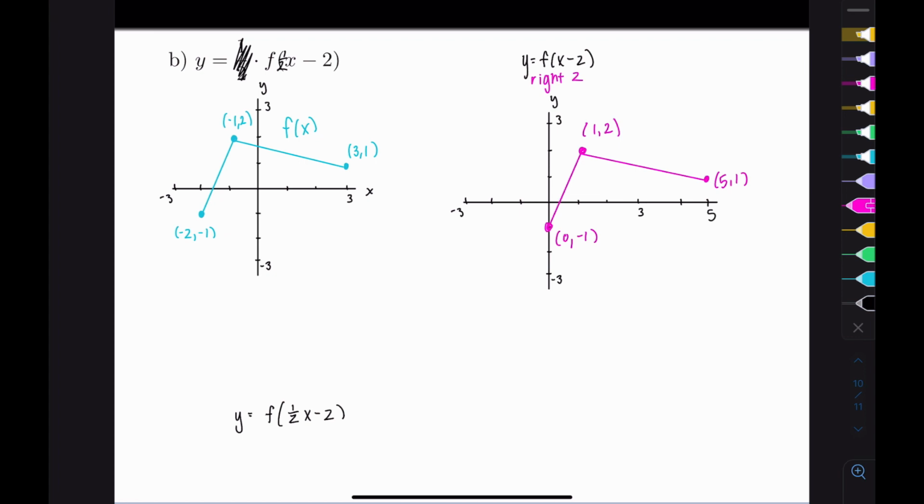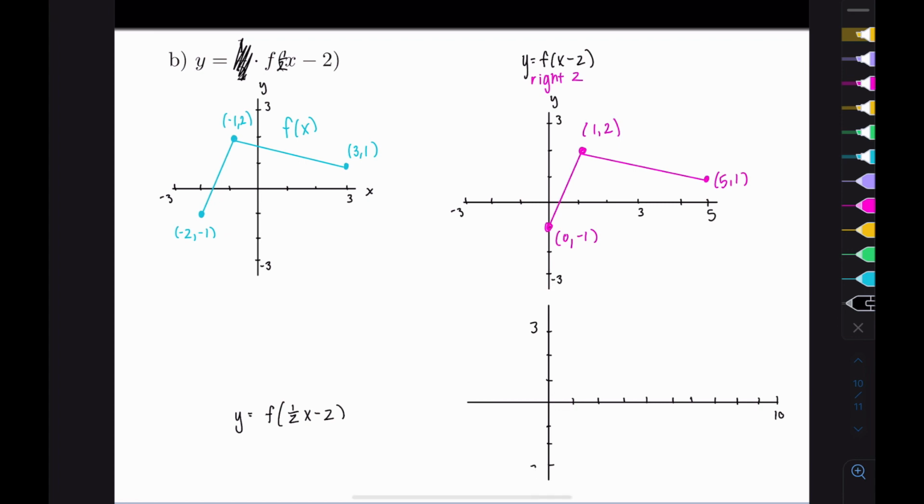It's going to double them. So I really need to go out super far in this direction. So 1, 2, 3, 4, 5, 6, 7, 8, 9, 10. And then we'll go up still 3 and down 3.